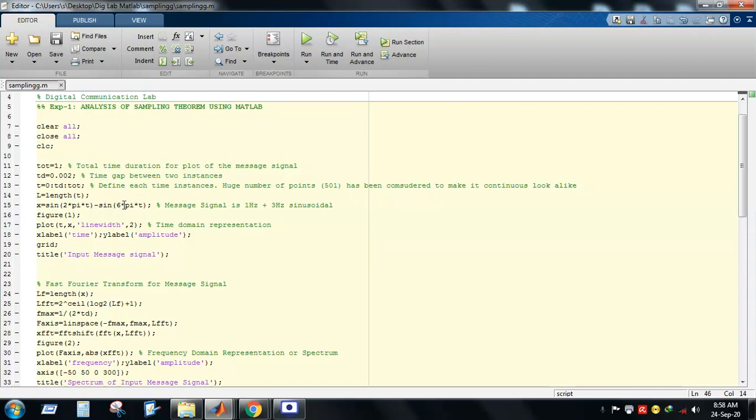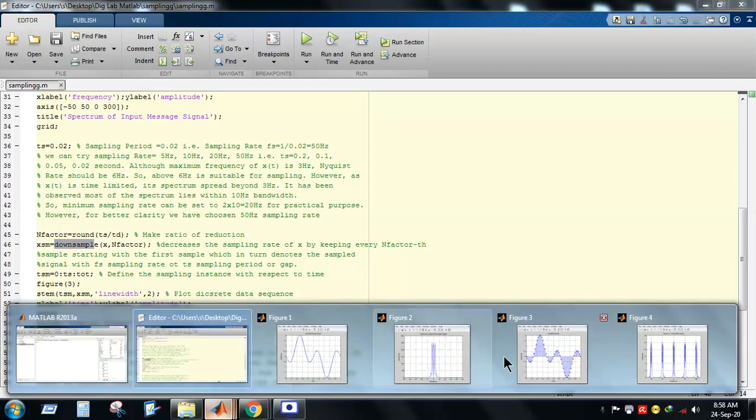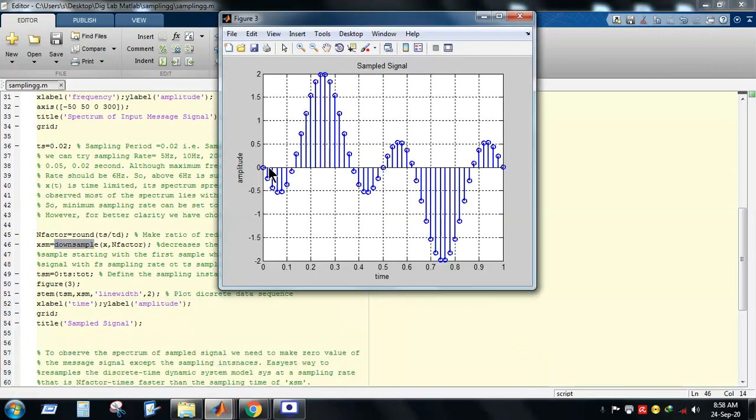Then, what is the value of this ratio depends. Suppose this value is 0.02.